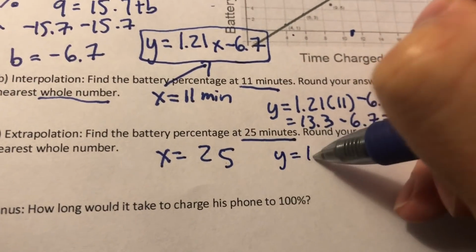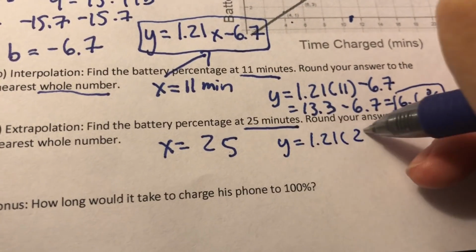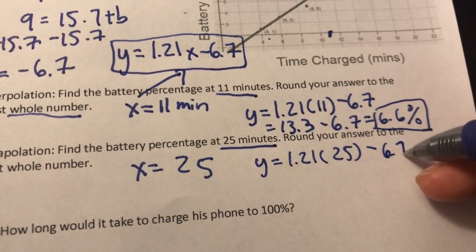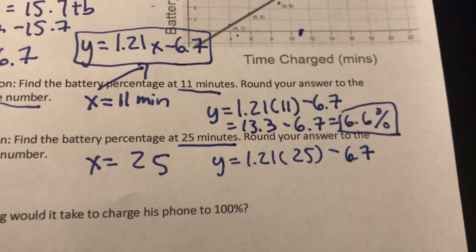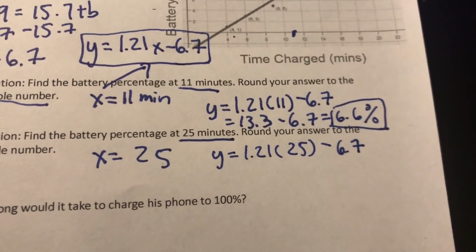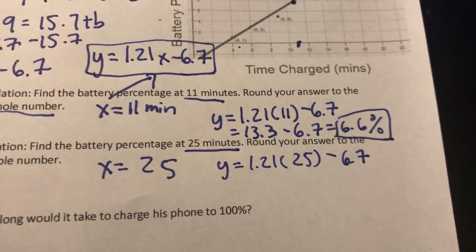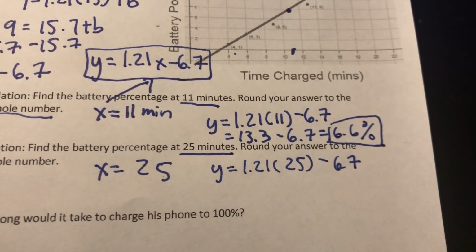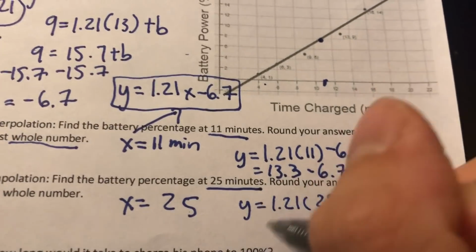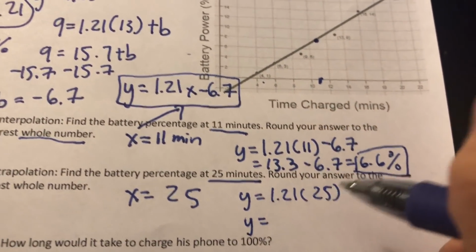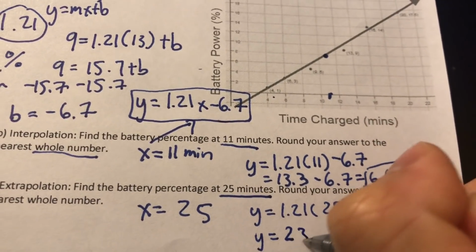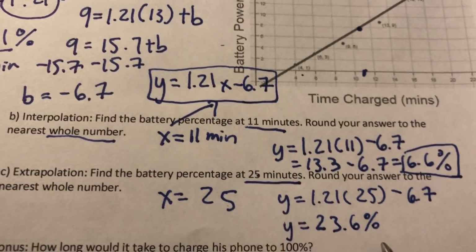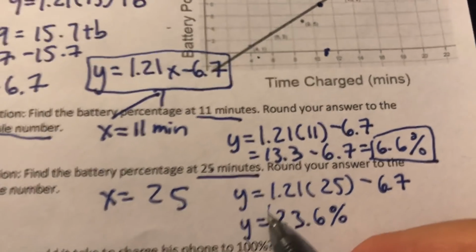Y is equal to 1.21 parentheses 25 minus 6.7. I'm going to put that into the calculator. 1.21 times 25 minus 6.7, and my battery percentage y is going to be equal to 23.6%. So at 25 minutes, my battery percentage should be at 23.6%.